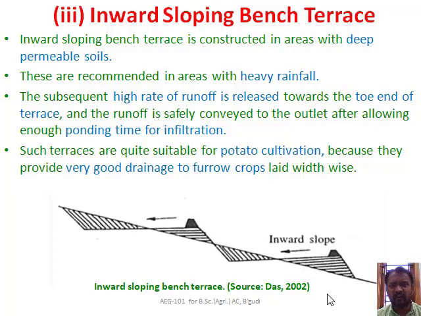The high rate of runoff is released towards the toe end of the terrace, and the runoff is safely conveyed to the outlet after allowing enough ponding time for infiltration. Such terraces are quite suitable for potato cultivation. Crops like potato can be grown on inward sloping bench terraces because they provide very good drainage for furrow crops.